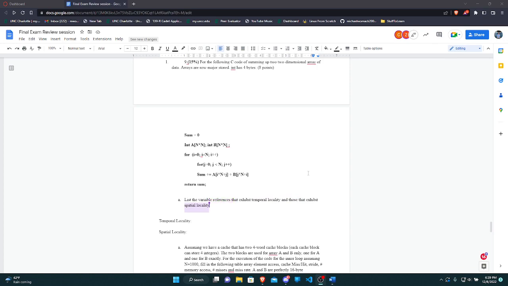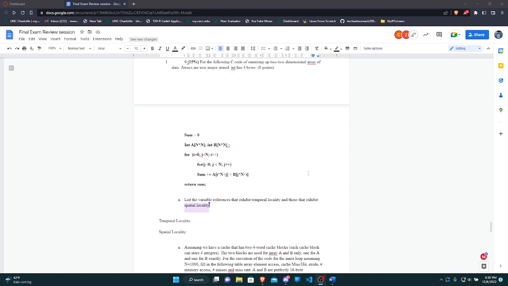I don't know how to explain that part, but it's where the cache, when it loads something into the cache, will fill the rest of the cache block with the elements that are stored at the memory addresses that succeed the one it just accessed.